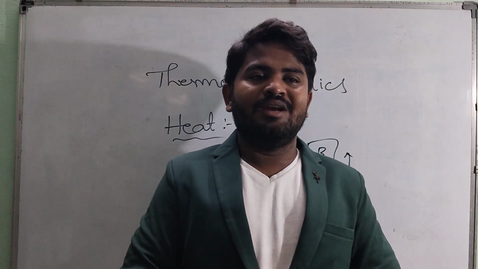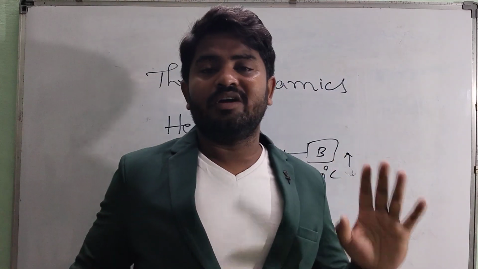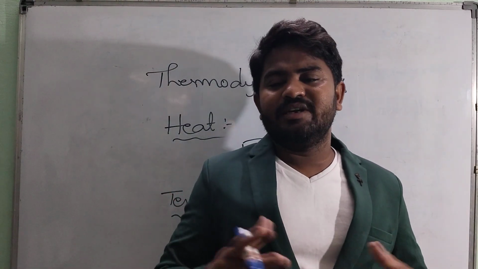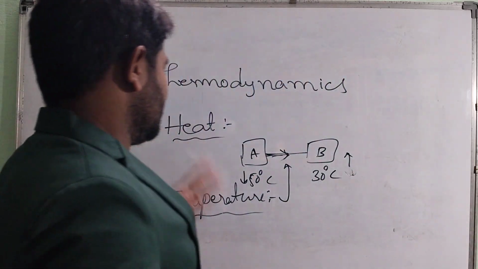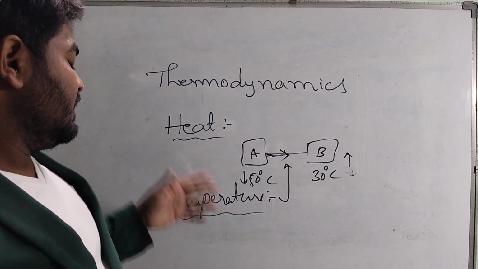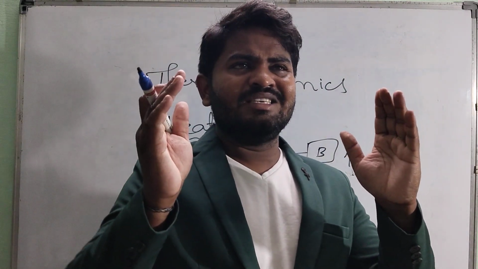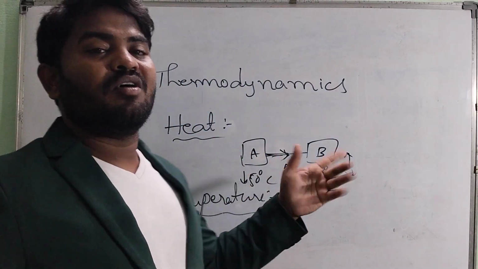This is why in the winter season we feel very cool, and in the summer season we feel very hot. In summer, energy enters our body from the surroundings. In winter, energy comes out of our body, right? So this is the reason. Here you must remember that temperature is not energy. It just decides the flow of energy.